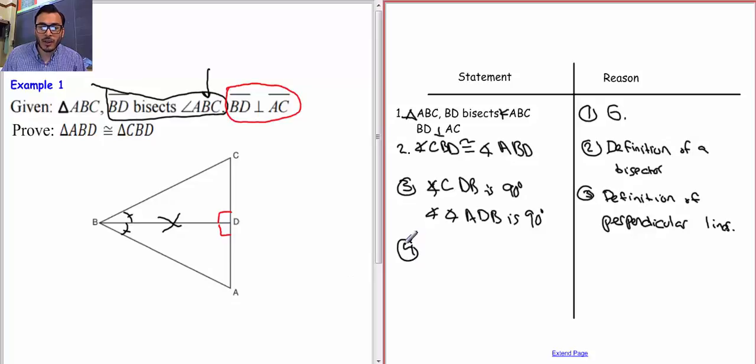I can now say that angle CDB is congruent to angle ADB. And why is that? Well, because all right angles are congruent, right? All right angles are congruent.